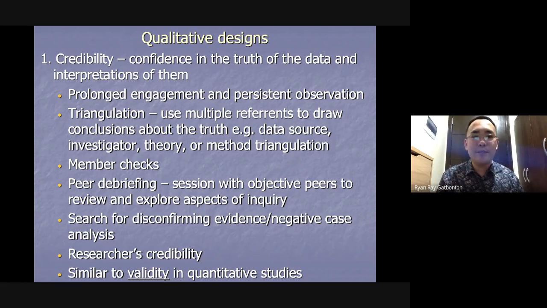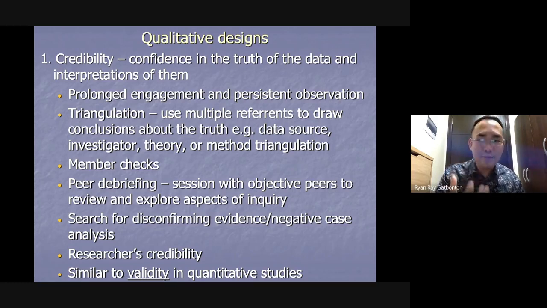Credibility can be also achieved by member checking. So member checking involves going back to the source of data to check if your interpretation, if your data collection is true or similar to what they perceive.